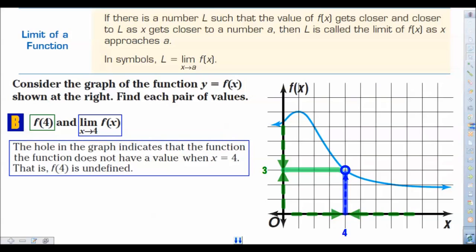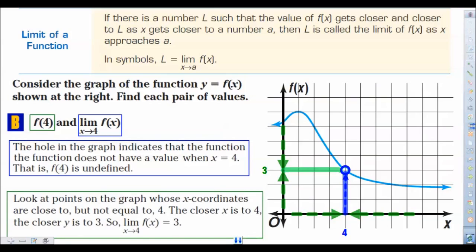So what we can say here is that our limit as x approaches 4 of f of x is indeed 3. So notice in this case, because we're never actually truly on 4, we can make an answer here, and we can state what the limit is. The limit of f of x as x approaches 4 would be 3.